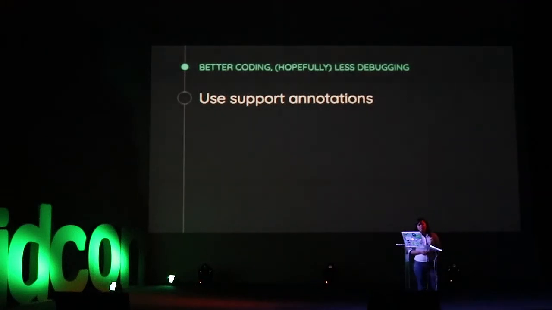If you are asking for a resource ID, you can specifically say this should be a string or a drawable or an int. So instead of passing a random int value, you enforce that this actually has to be an R.layout ID or whatever resource value you're expecting.